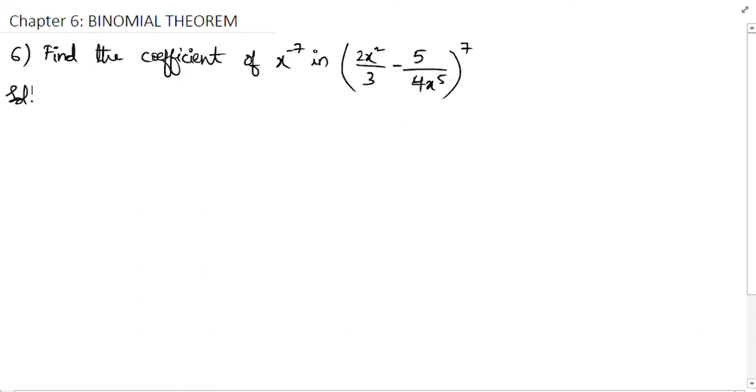So now we'll move on to the sixth question. Find the coefficient of x power minus 7 in (2x square divided by 3 minus 5 by 4x power 5) the whole power 7.